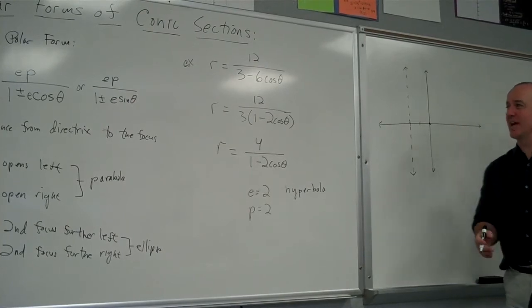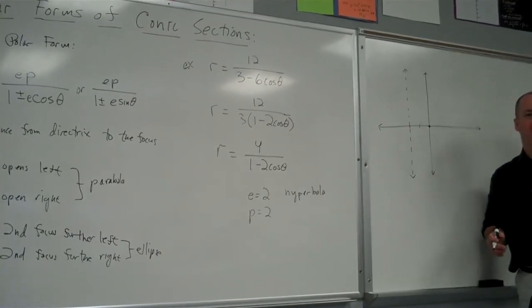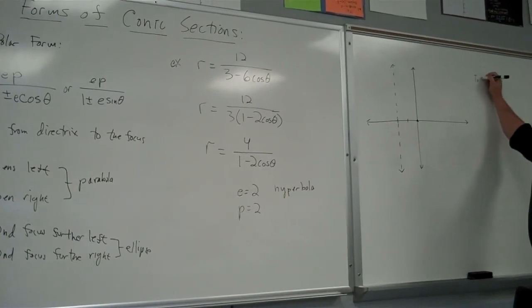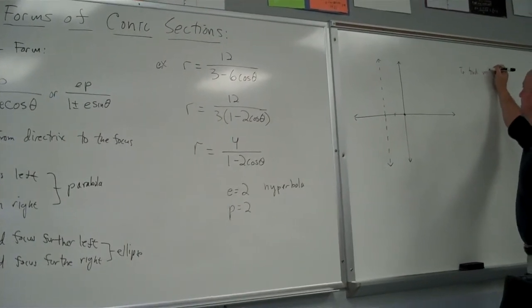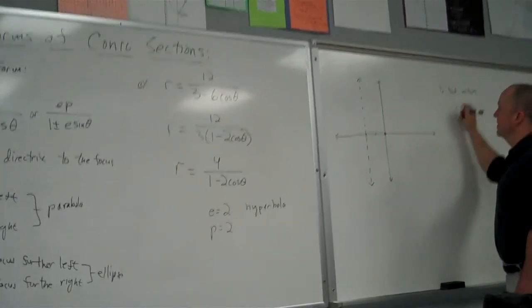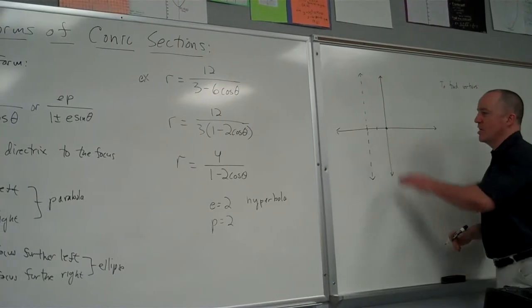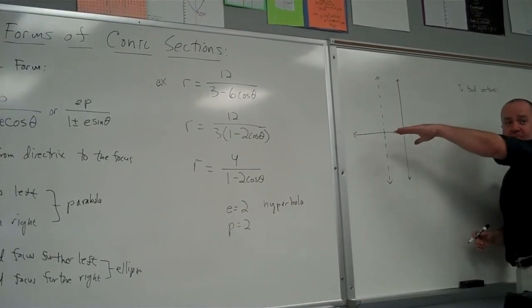I'm glad you asked. Here's what we're going to do next. To find the vertices, since it's cosine and horizontal, we want to know everywhere it hits the x-axis.